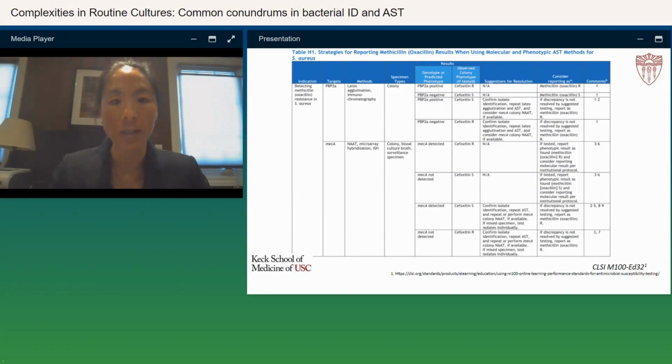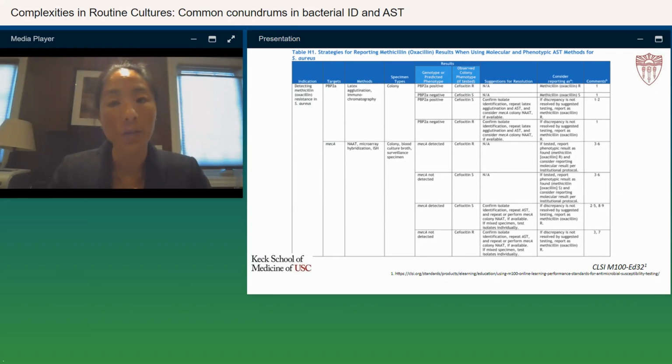So here's a sample of the table found for Staph aureus, and you can see that they go over the various possibilities of test results for PBP2A and cefoxitin, and then the investigative actions should you have a discordant pair of results. Generally speaking, you want to confirm the organism identification, make sure it's a pure culture, and repeat the discordant test results.